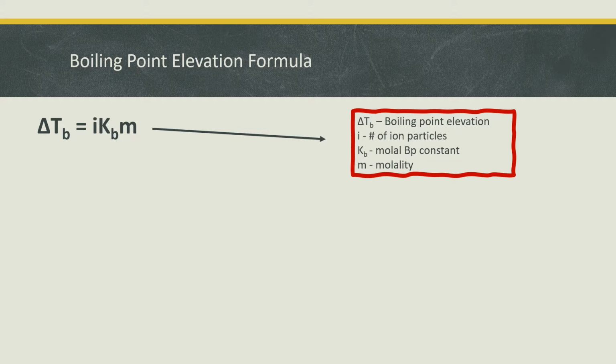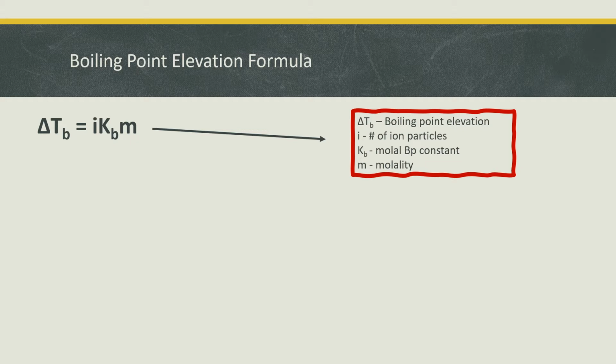That's how much the boiling point is going to change. The i stands for the number of ion particles. So you'll have to look at your compound, you'll have to be able to count up the number of particles you have. The K sub B is a molal boiling point constant, which I'll show you on a chart here in a minute, and the lowercase m is for molality. So again, just like I tell you all the time, it's important that you guys know what each one of these values stands for.